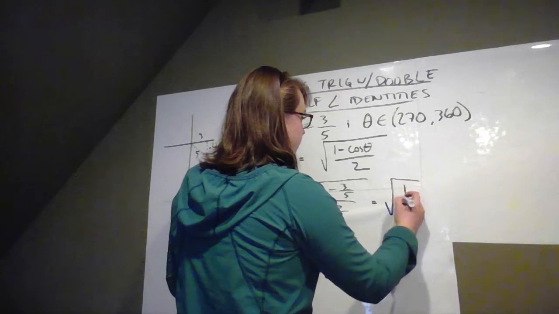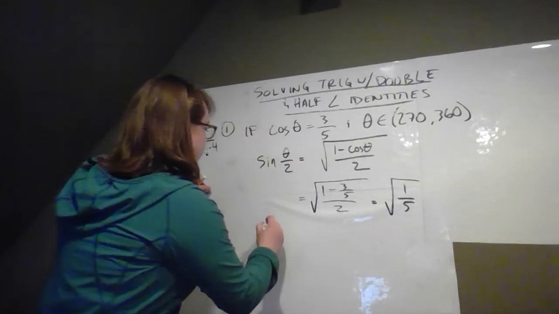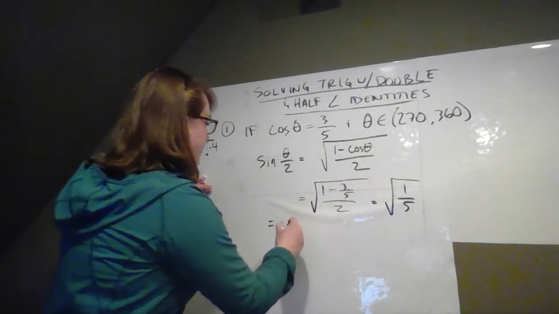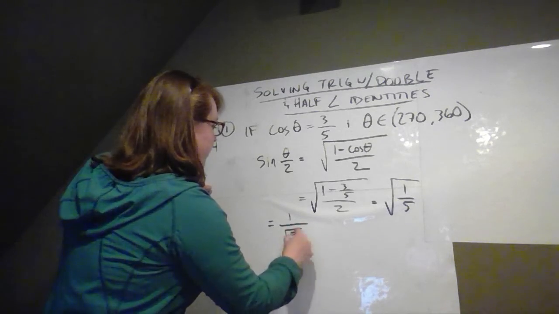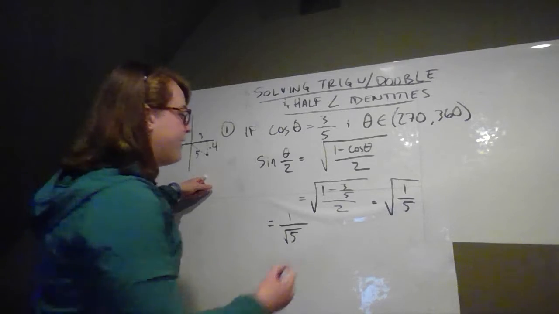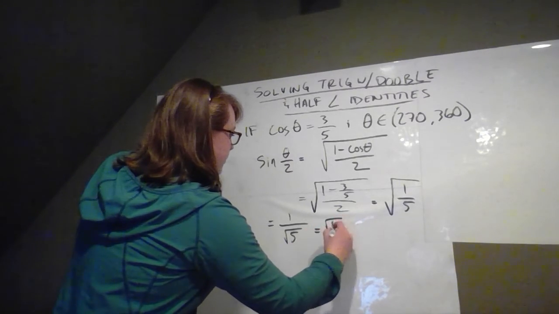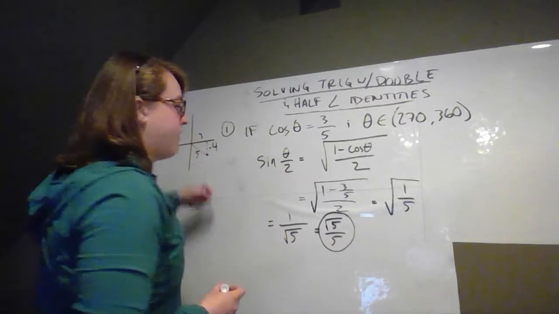So the square root of 1/5. And then from there, if I take the square root of 1, that's 1. Square root of 5, square root of 5. So you can split the square root between the top and the bottom. And then if I rationalize it, we get the square root of 5 over 5. So that would be sine of theta over 2.